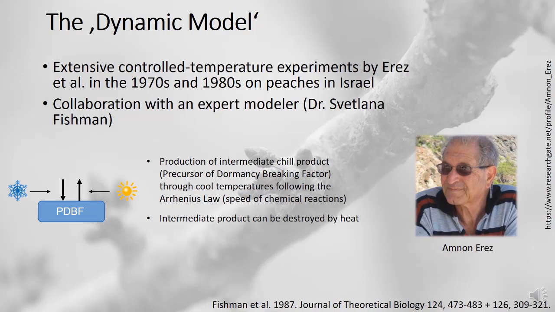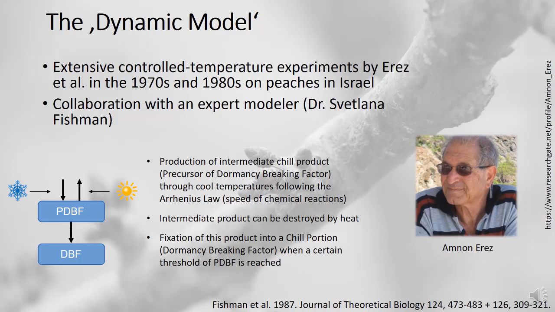Now, this intermediate product in an inverse reaction can be destroyed by heat, also with the rate determined by the Arrhenius law. Once we have a certain amount, a critical amount of this precursor, this gets fixed into a permanent so-called chill portion, which is then labeled the dormancy breaking factor.